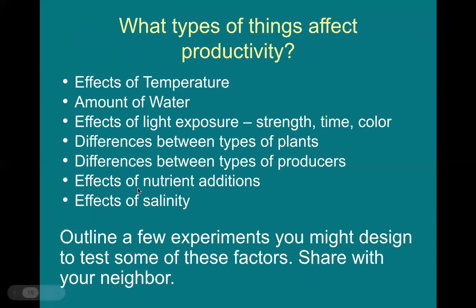There are lots of differences. Salinity levels will affect the growth of different organisms. In the Southwest here, we see ocotillo, which only grow in really acidic soils. We're going to probably look at this in class on Thursday and Friday, but we're going to consider how you might come up with some experiments to measure differences in these productivities.